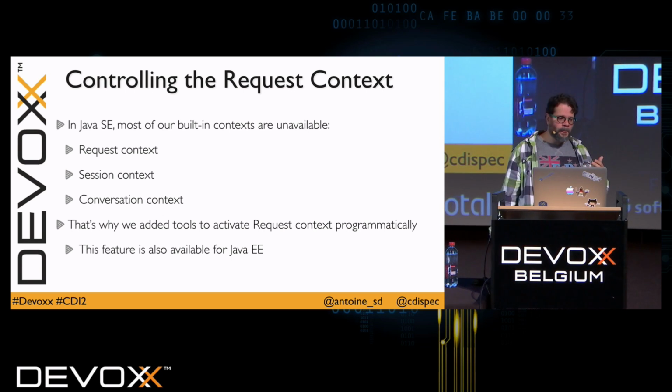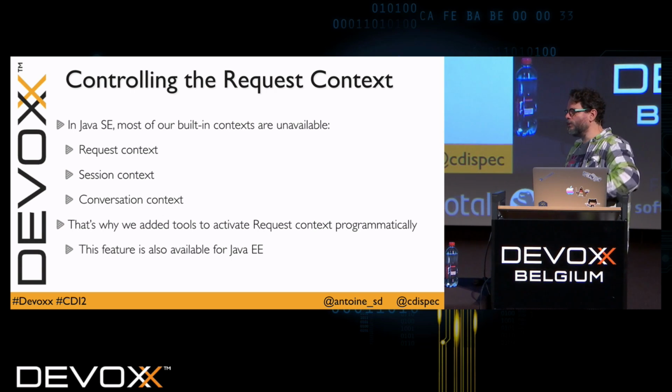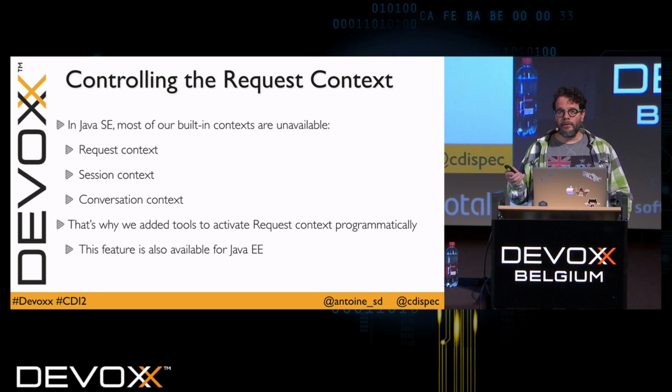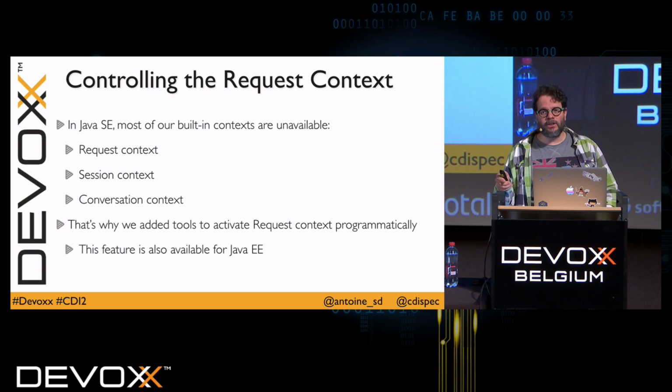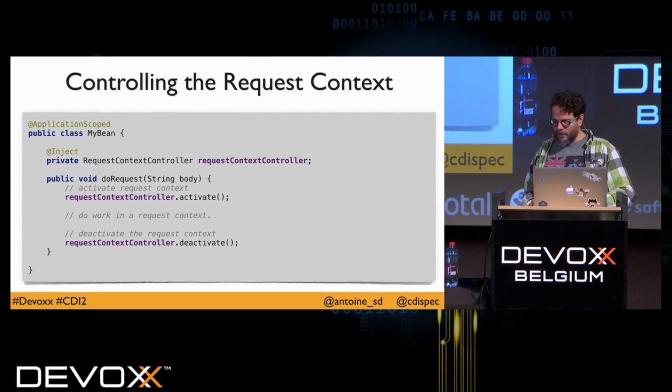We had a discussion around supporting other contexts. Right now, what we have done for CDI 2 is to support the request context. To support this request context, we added a way to control the activation and deactivation of this context. It's done through an API using a request context controller, as you can see there.